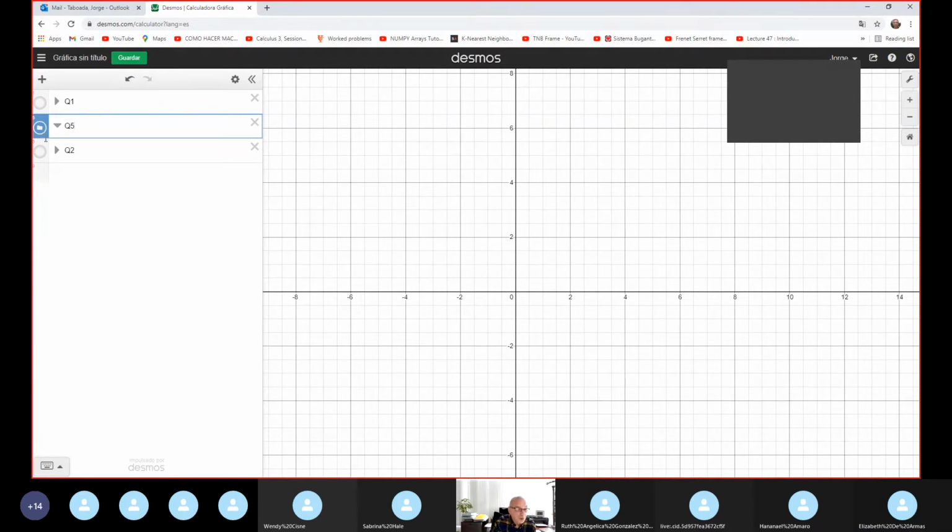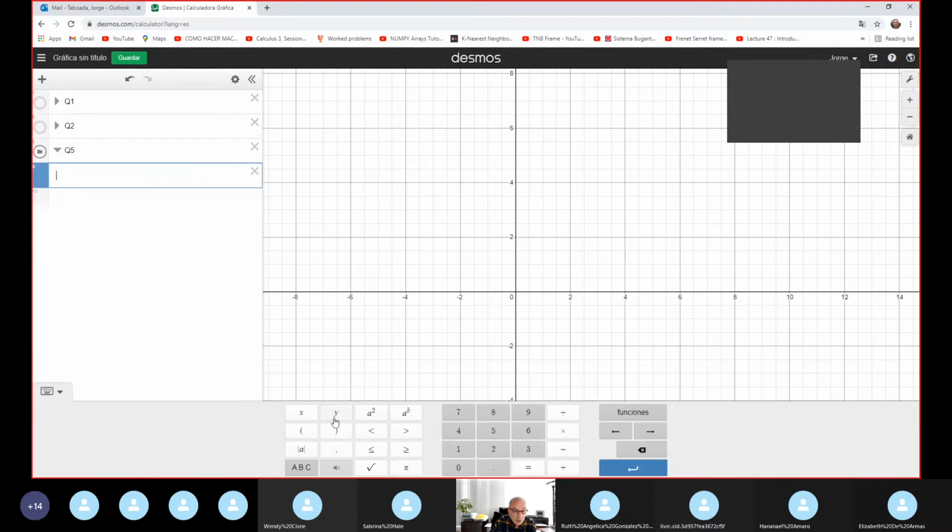Okay, I put it here. I drag. Okay, entonces in this case I put a y equal. Then I try to find, here in the functions, the miscellaneous part, any logarithm.